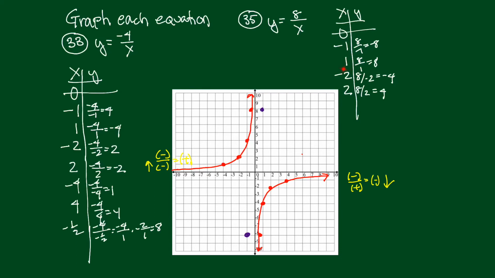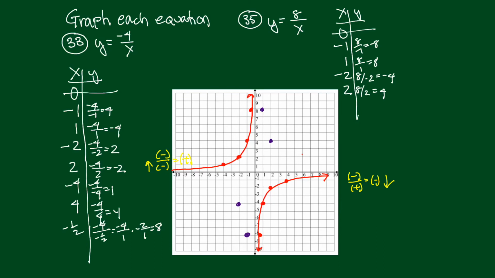So this one here at negative 2, we're going to go to the left 2, down 4. Starting from the origin, to the left 2, down 4. Let's put a point there. And then this one here, to the right 2, up 4. Starting at the origin, to the right 2, up 4. We'll put a point there.